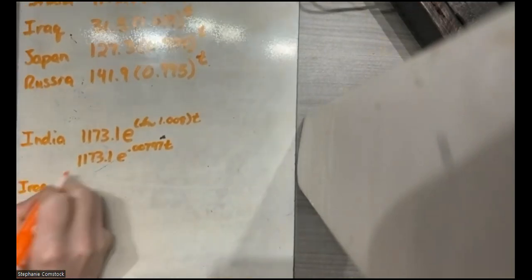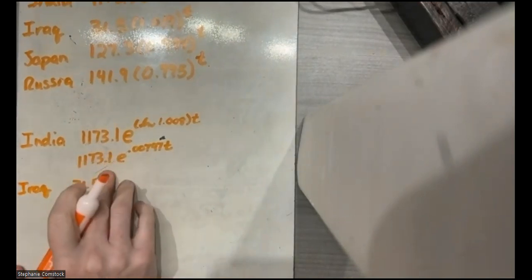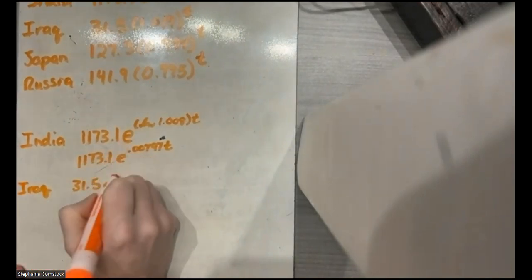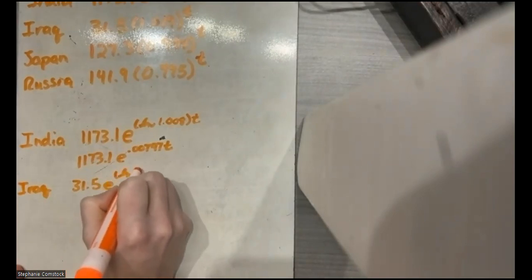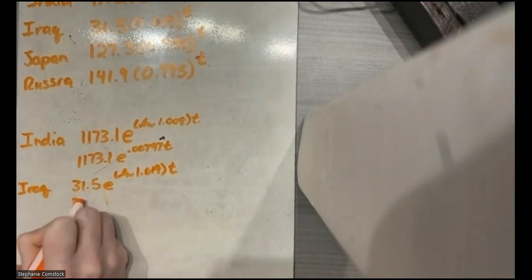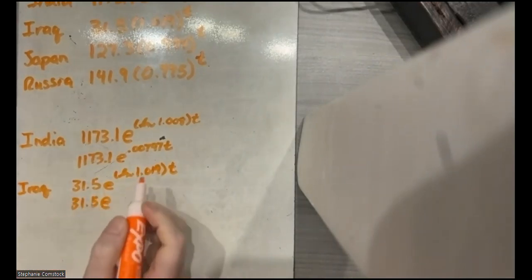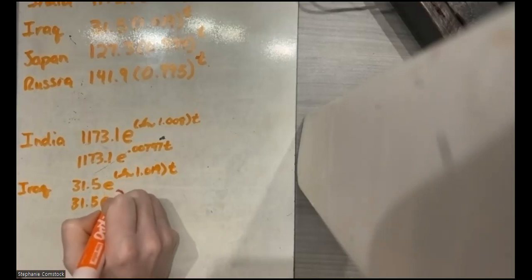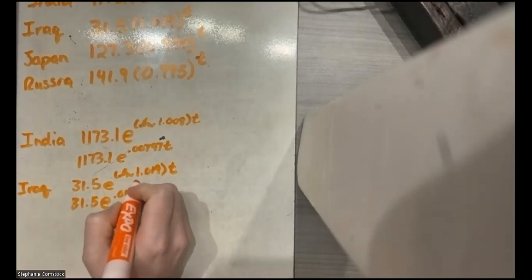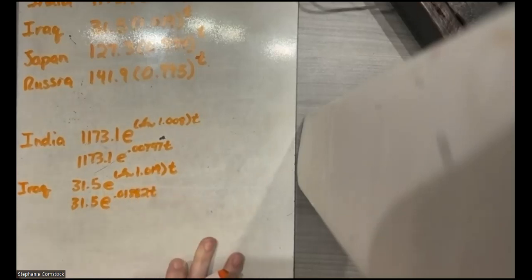So that was India. Now we've got Iraq, which was 31.5. Again, if we reset this, e to the natural log of 1.019 t, we get 31.5 e to the 0.01882 t.